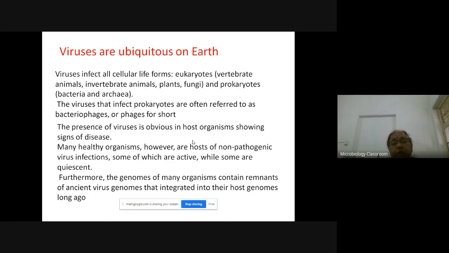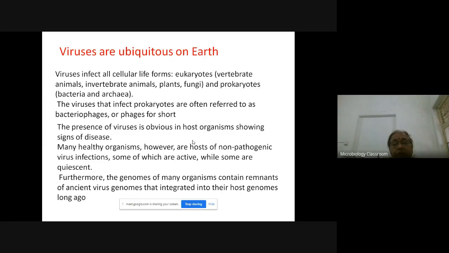Similarly, viruses may enter healthy microorganisms, healthy human beings, healthy eukaryotic cells, and it is not necessary that they will show signs of disease. Some of the viruses are found to be non-pathogenic in nature.